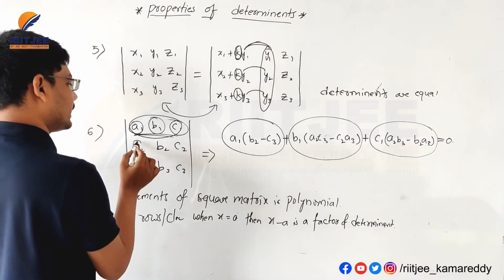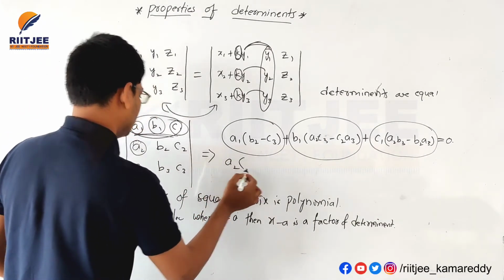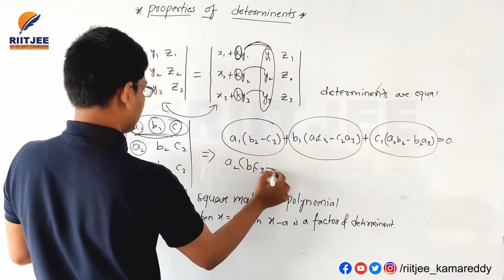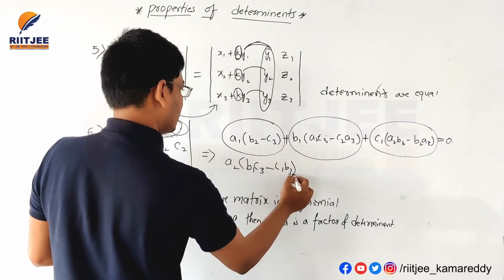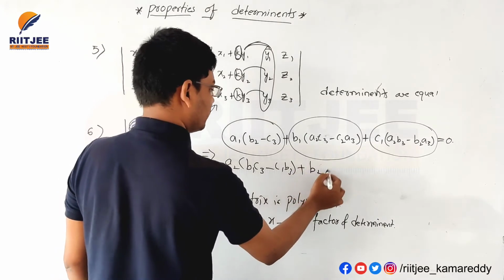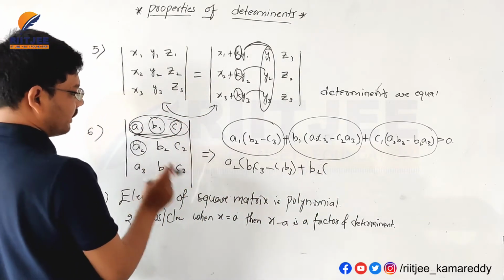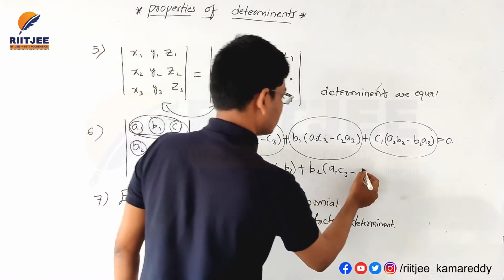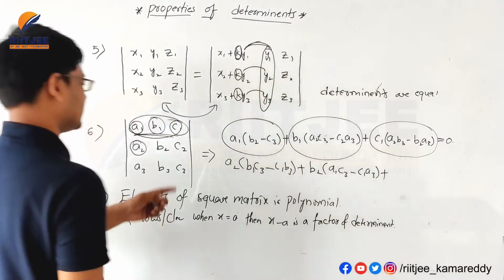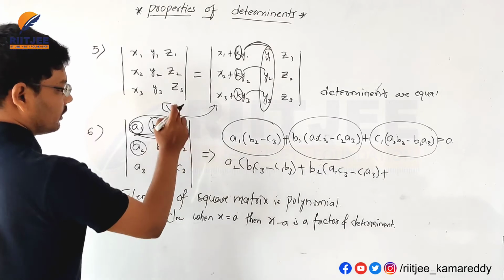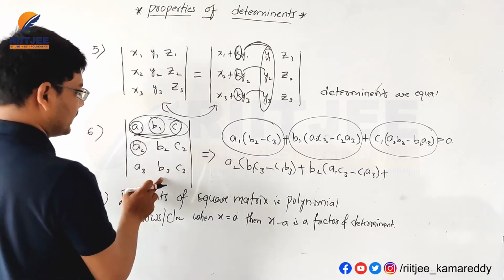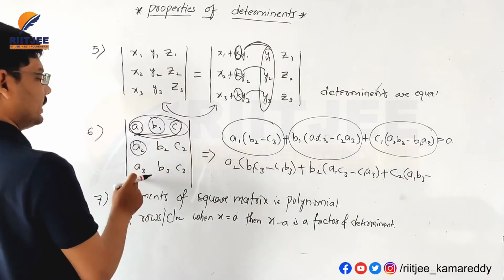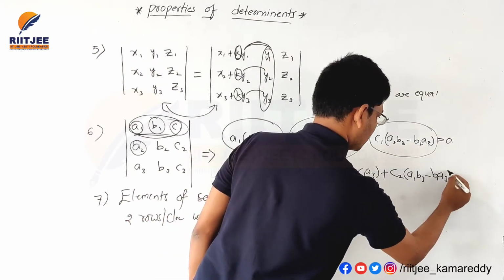If we take similarly a2 times its cofactor, eliminating the row and column which has a2: b1 c3 minus c1 b3, plus next b2, eliminating the row and column: a1 c3 minus c1 a3, plus in the same way c2, eliminating the row and column: a1 b3 minus b1 a3, equal to 0.